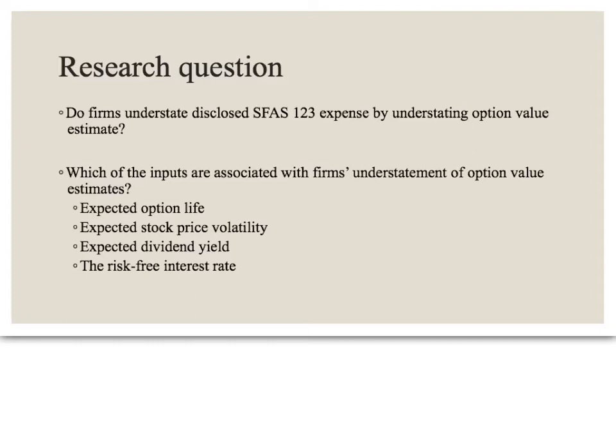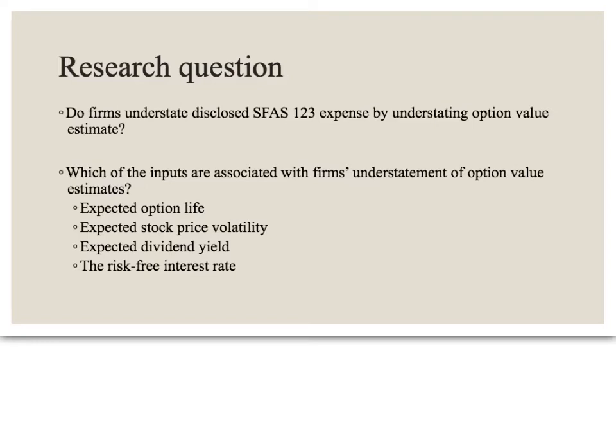So this paper is looking at, is expected option life associated with firm's understatement of option value estimates, or is it expected stock price volatility, or is it expected dividend yields, or is the risk-free interest rate associated with firm's understatement of option value estimates?